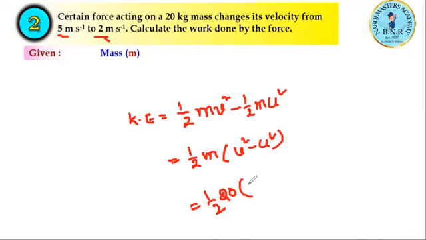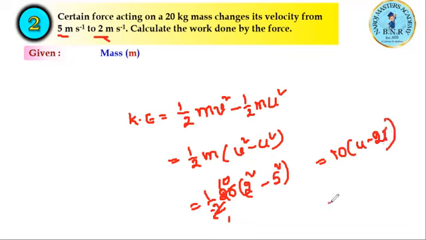So here it is 2 square minus 5 square. So 2 1 times, 2 10 times, 10 into 2 square is 4, minus 5 square is 25, minus 21. So 10 into minus 21 is equal to minus 210 joules.